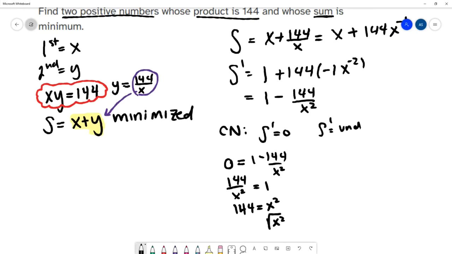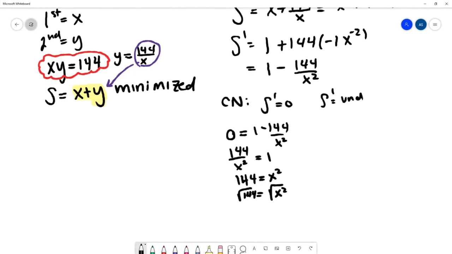Square root both sides. And that gives me solutions of x equals plus and minus 12. So we have critical numbers of positive and negative 12. Now we do have some concerns for this derivative being undefined because we have a variable in the denominator.